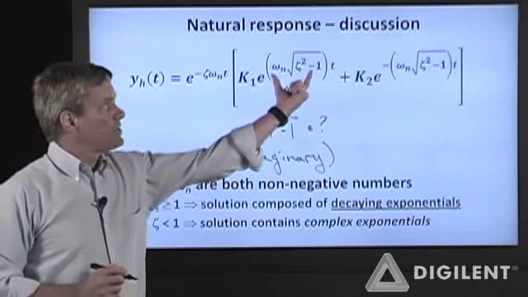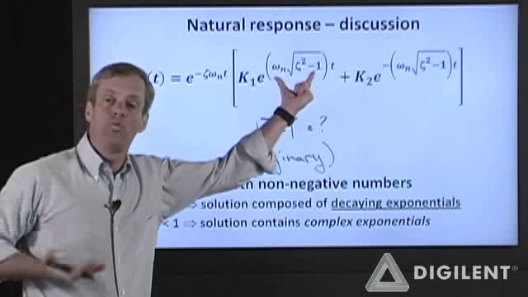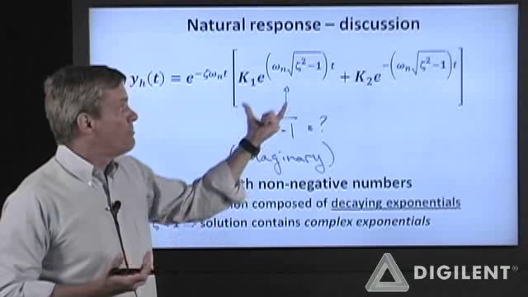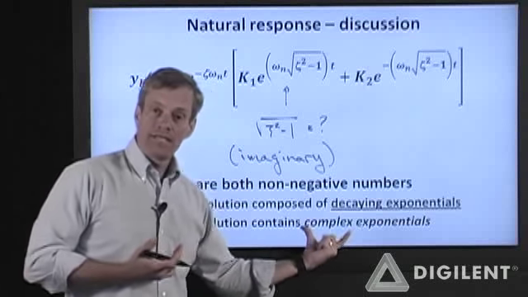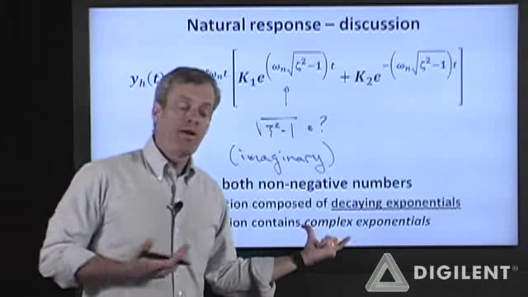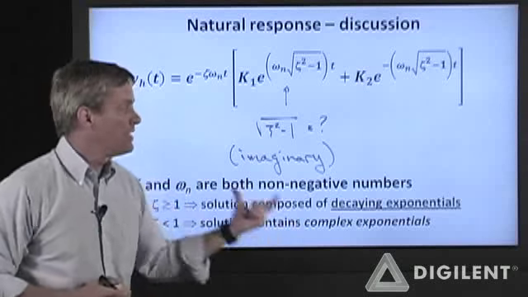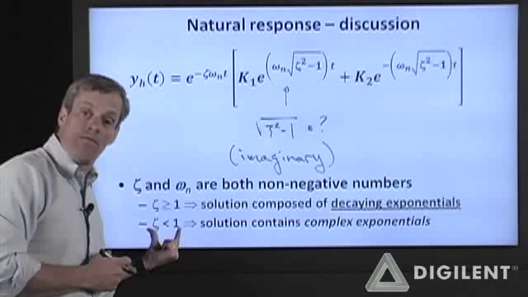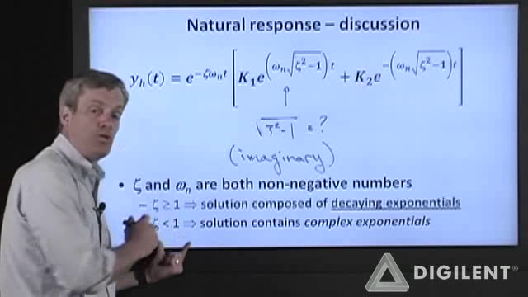So we have e to some imaginary value. We don't necessarily know how to deal with that. E to an imaginary value is called a complex exponential. I'm going to spend quite a while talking about complex exponentials and how to interpret this solution under this condition where the damping ratio is less than 1.